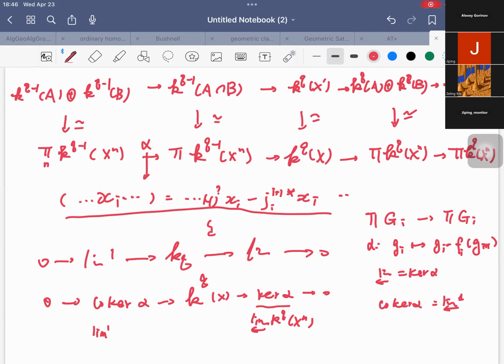So the formula on the right at the bottom is a recipe for calculating lim 1. It's not the definition. It's a recipe for calculating the answer.